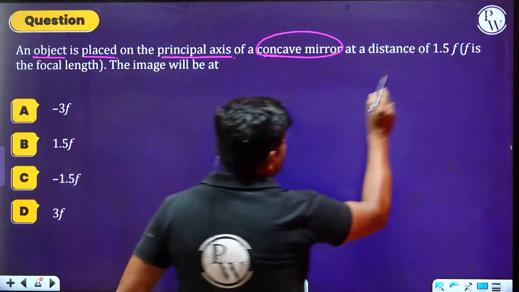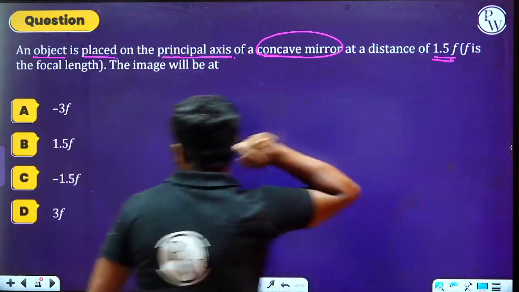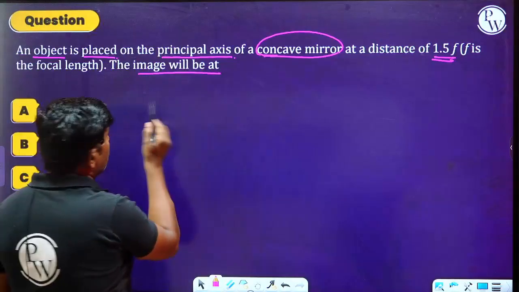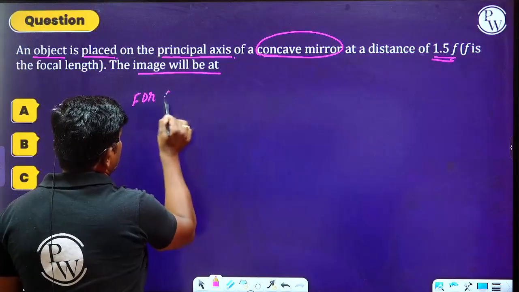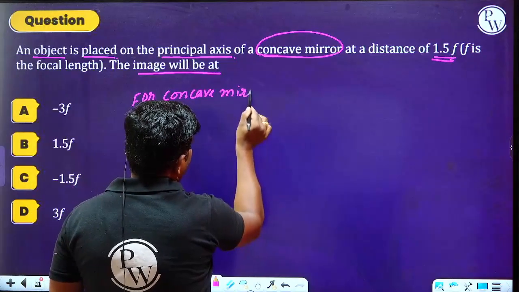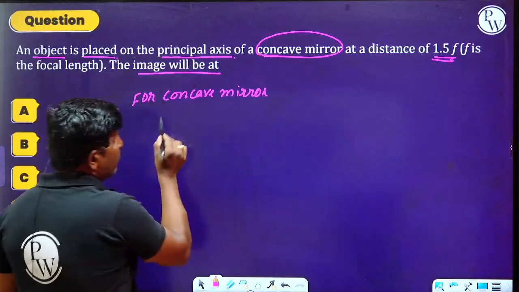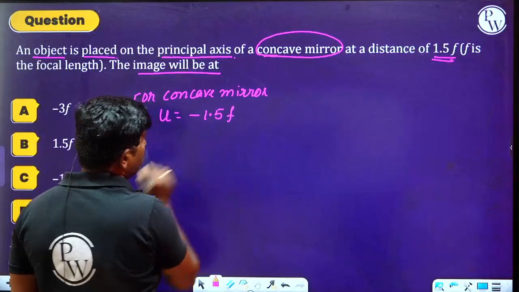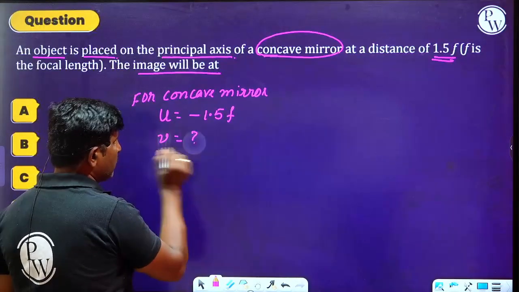Concave mirror, at a distance of 1.5 f, where f is the focal length. The image will be at? For a concave mirror, the object distance is always negative. That is 1.5 f. So they are asking what is v.